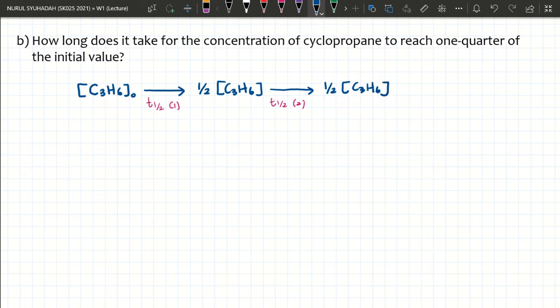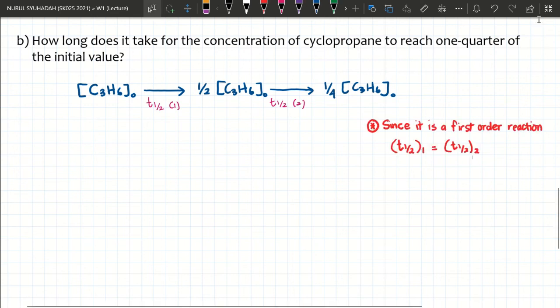So now, this is the information that we have taken out, for us to get 1/4 of the concentration of cyclopropane. Since the reaction is a first order reaction, the value of the first half-life will be the same as the value of the second half-life.